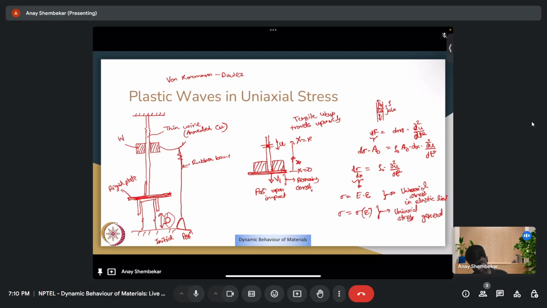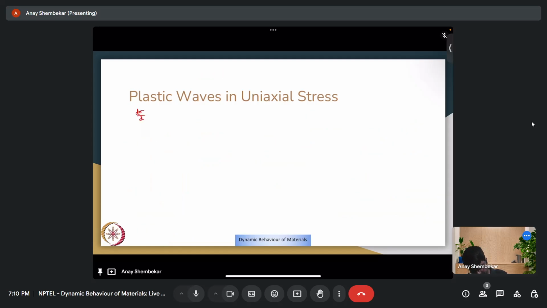So ∂σ/∂x we can write as dσ/dε into the partial derivative of epsilon with respect to x, because strain can vary both as a function of position and time, which, substituting this in this equation, gives us ∂²u/∂t² is (dσ/dε upon ρ naught) into ∂²u/∂x².